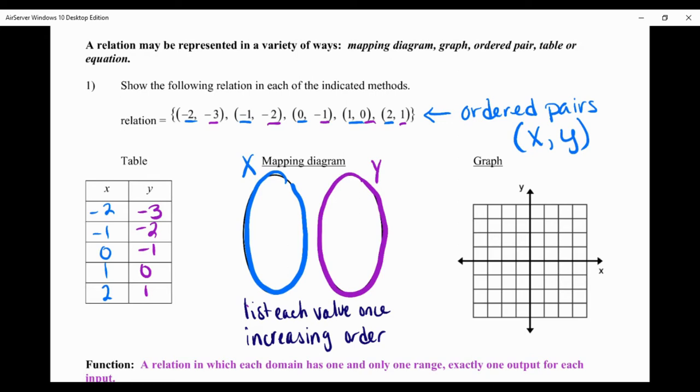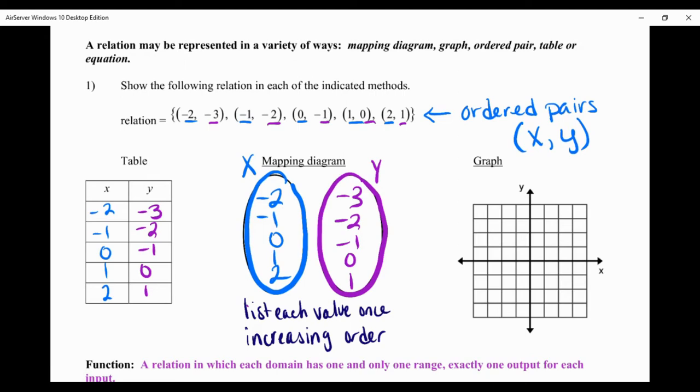So those x values go in the first oval, and the y values go in the second. You shouldn't have any repeating values in your mapping diagram. Just list the value once, even if it repeats itself in the relation, and try to put them in increasing order.